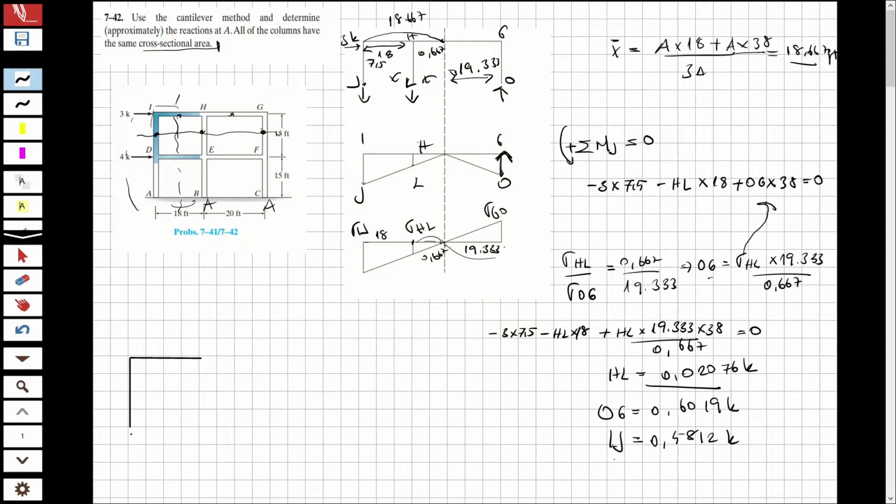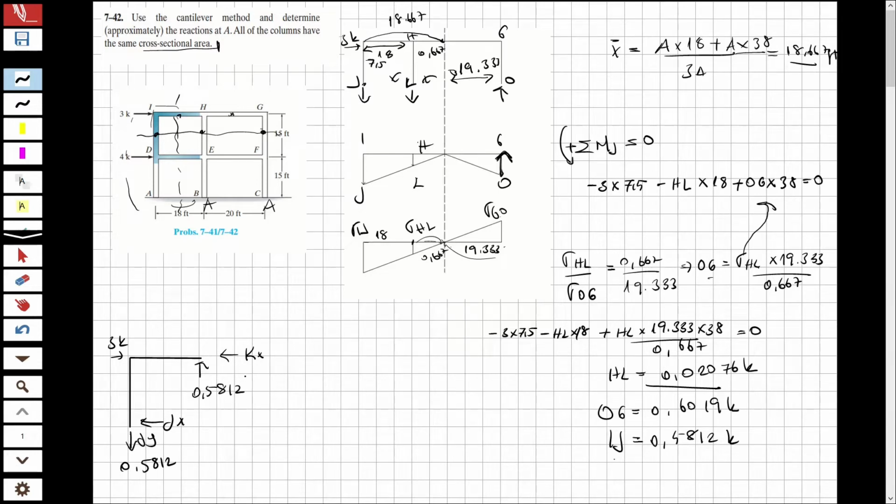So let's solve this part. I have a force here as IJ, okay? A JY, 0.5812. I have a JX, and I have a 3 kips here, and I'm going to have an upward force here, because there is no other vertical force, so this will also be 0.5812, and I will have a KX.